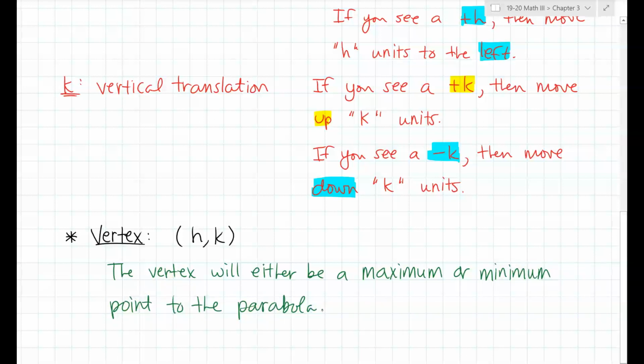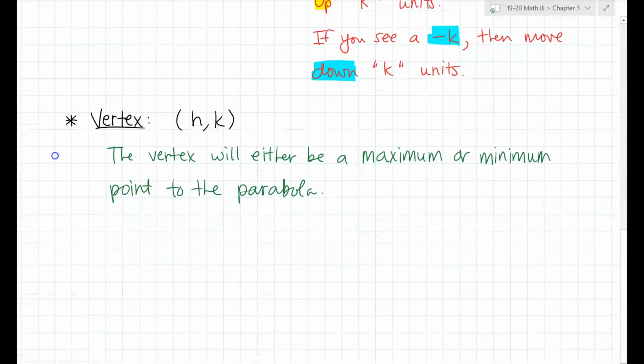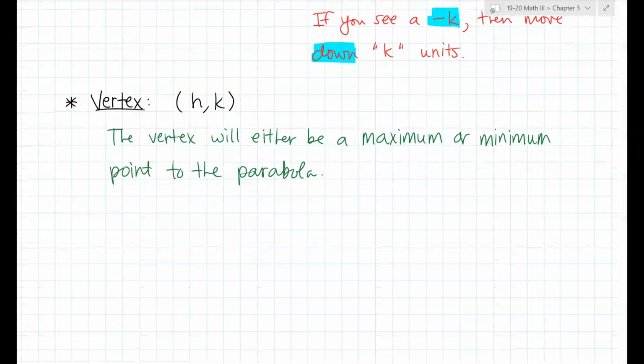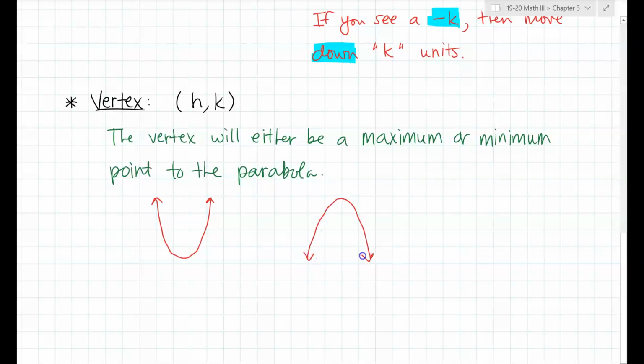The reason why we say maximum or minimum is because the parabola could either open up or down. So the parabola could look like this, where it's opening up, or it can look like this, where it's opening down. In our case, this point down here would be a minimum, because it's the lowest point. It has no maximum because the arrows keep going up forever. Whereas this other graph over here has a maximum because that's the highest that it actually goes.